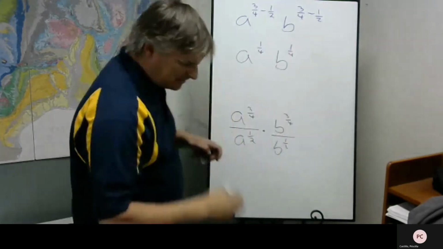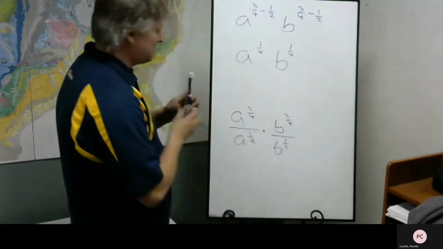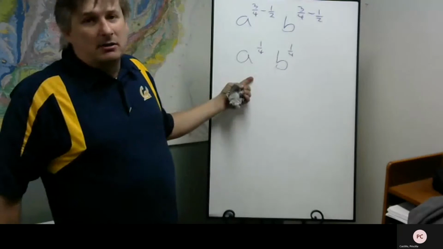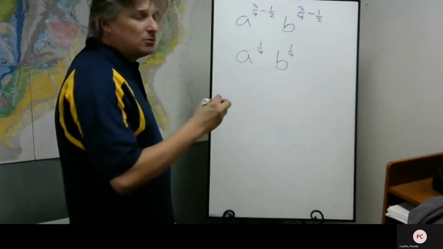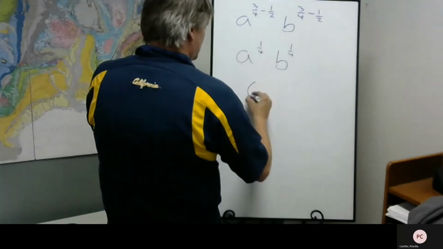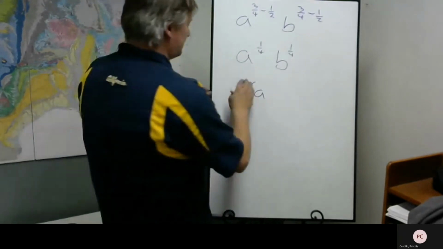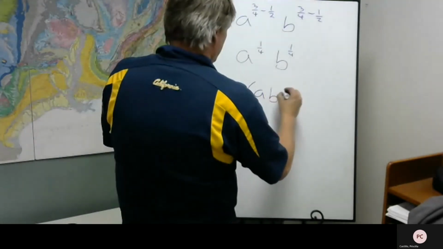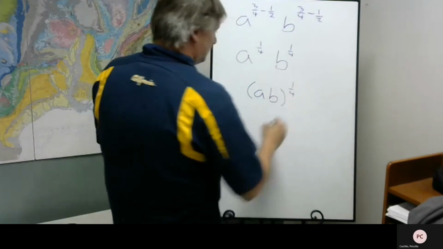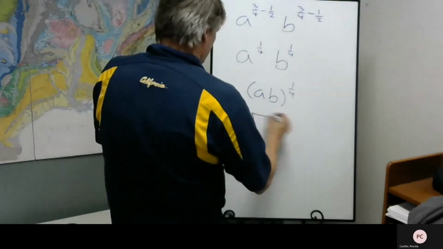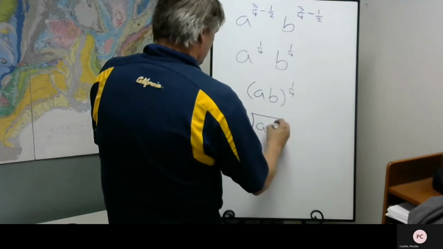And let me just see how they want you to answer that. Okay. So what they want you to do, this is valid. This is an answer. But you could do this, and this is what they want you to do in the text. We want you to give your answers in roots. And so you could go AB to the 1/4. That just means 4th root of AB.